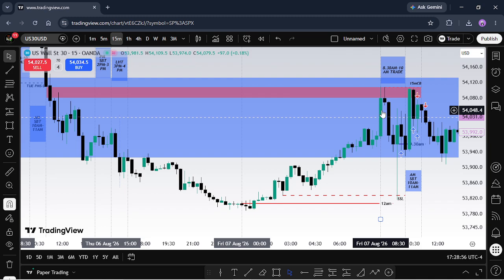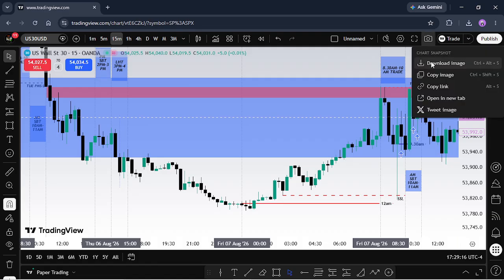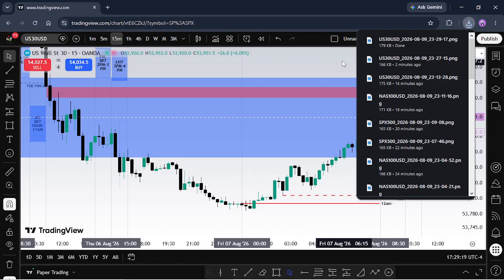But this high was protected. Why was this high protected? And is there a way for me to have known that this high would have been protected? Let me take a screenshot of this.